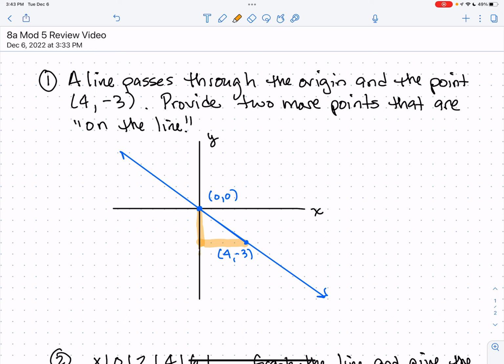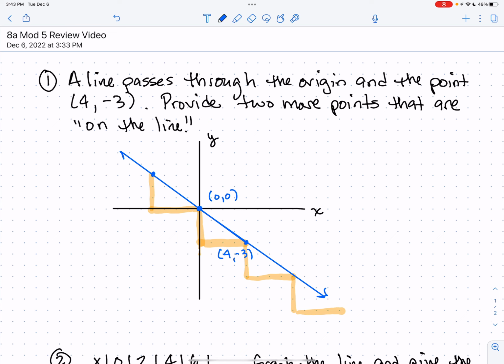Okay, down 3 over 4. So then I should be able to go down 3 and over 4 again, right? 1, 2, 3, over 4, and that point should be on the line as well. And then down 3, 1, 2, 3, and over 4. But that's kind of off my line there. So maybe we'll go up. So we'll go over 4 and up 3, and that's another point on the line.